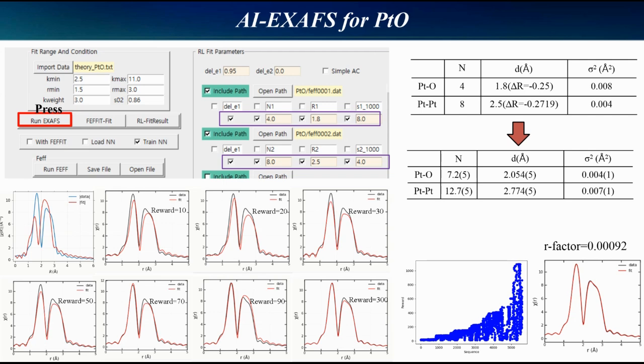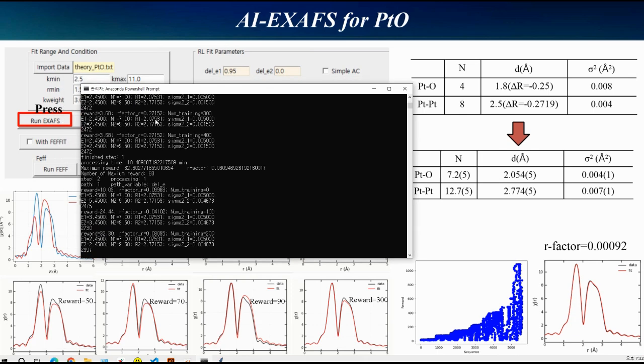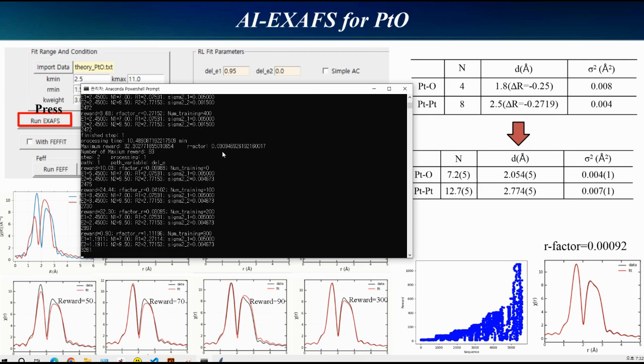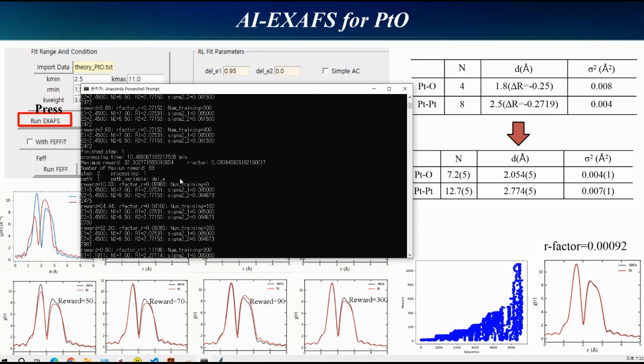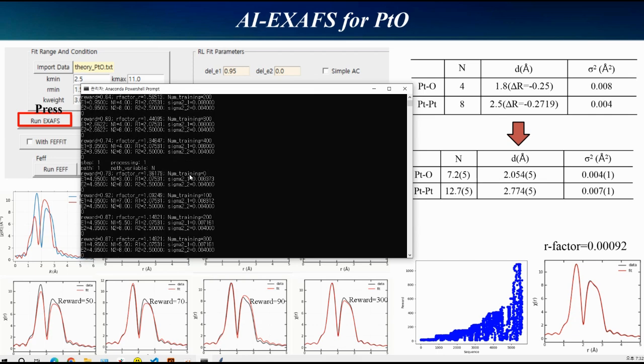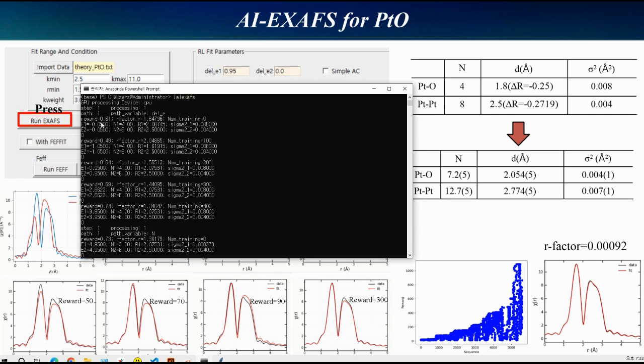The deep RL processing may be finished. Let me check. No, it is working. But look at these ones. Maximum reward is 2 and R factor 0.03. Let me check the starting point: reward is 0.61 and R factor 1.6.